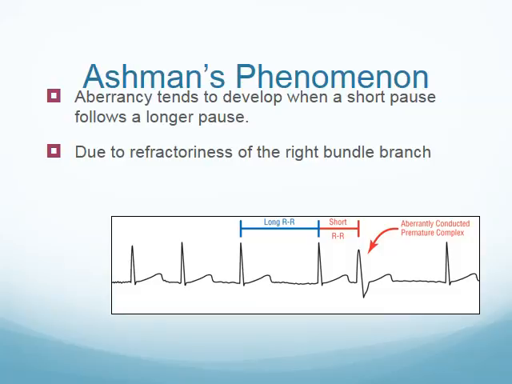An impulse is conducted while the ventricles are still in their relative refractory period, and you get what we'll call a bundle branch block morphology, sometimes referred to as incomplete bundle branch block morphology, and it can be the case with any supraventricular rhythm. You can have these beats, or you can have a rhythm that has an aberrant look to it. It's seen often in SVT, supraventricular tachycardias, due to the speed with which each impulse is coming down.